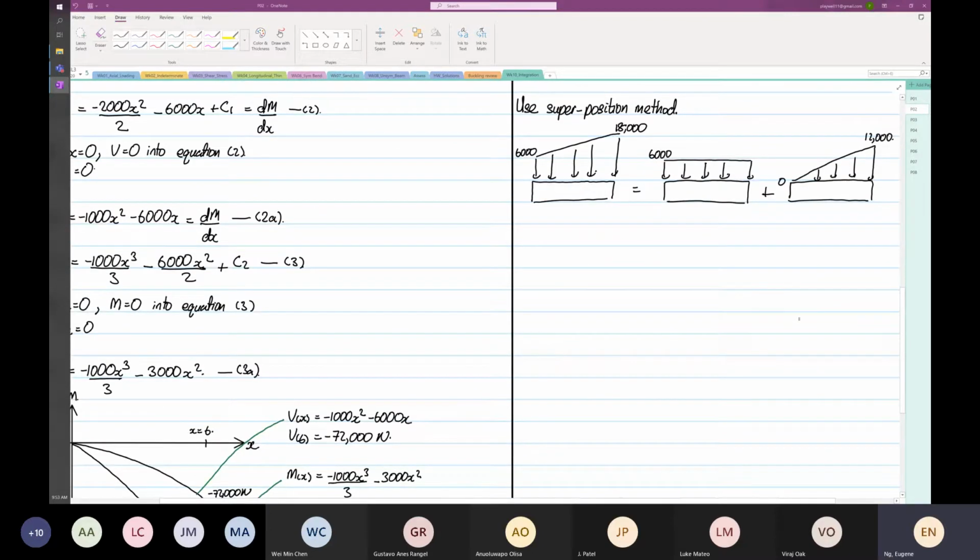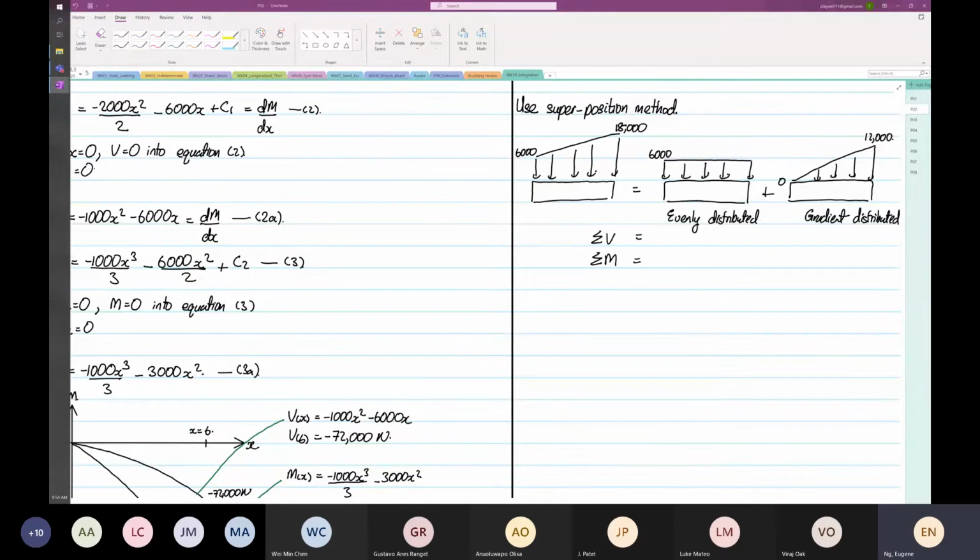Why we deliberately use that: so that we know this is evenly distributed and this is a gradient distributed load. We use these two distributions because we know where the equivalent load is acting. From here, later on, we are going to do summation of the shear force and summation of the bending moment, so you have to add both of them.